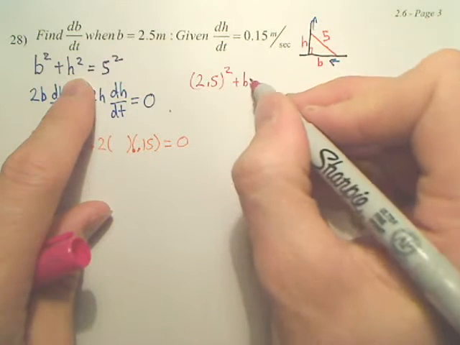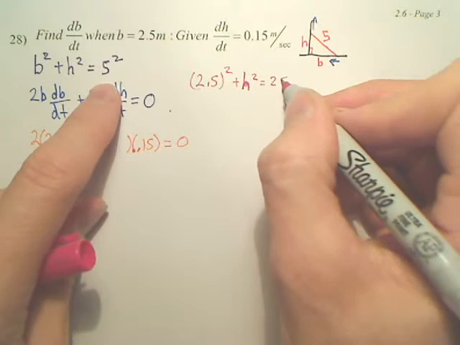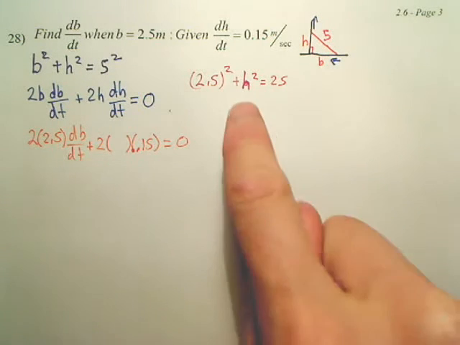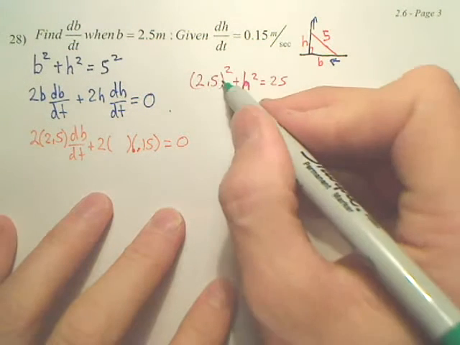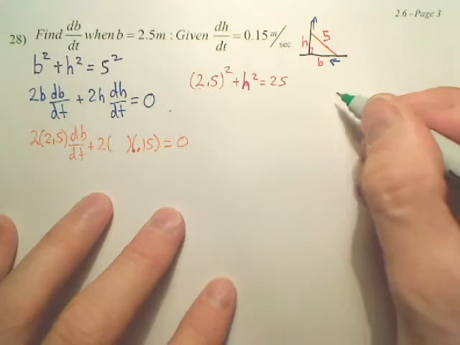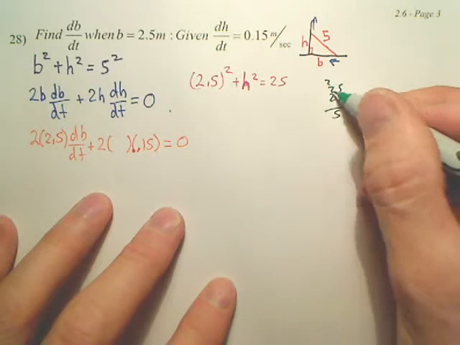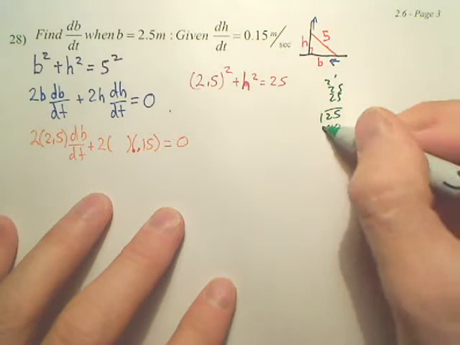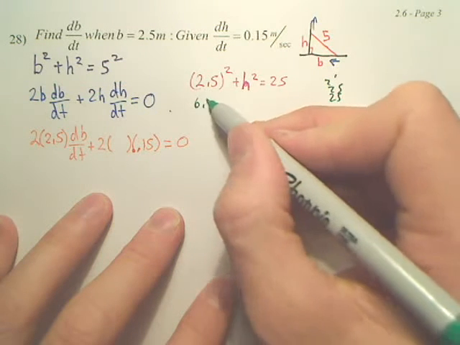We don't know H squared. Oops, it's H squared. And isn't 5 squared 25? Can I solve for H? When B is 2.5, can I find H? 2.5 squared is 6.25.